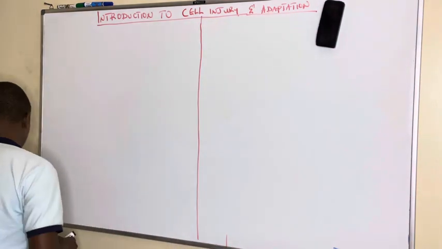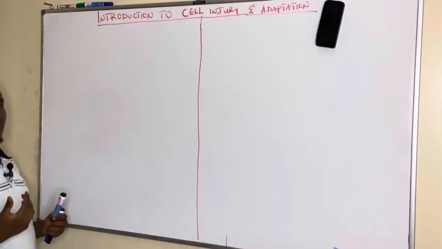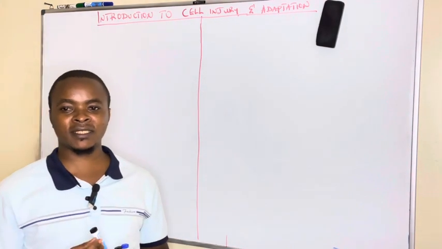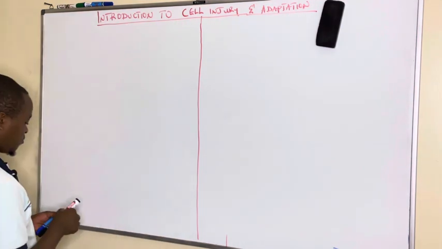So we want to see cell injury, but before we begin the mechanism, we need to know what causes cell injury. So we want to start with the causes.